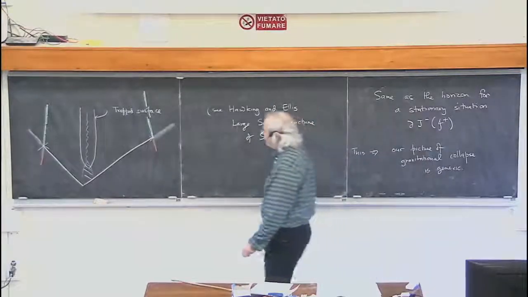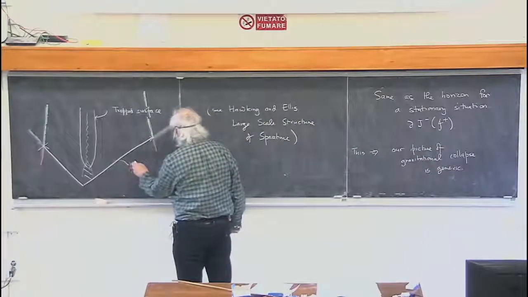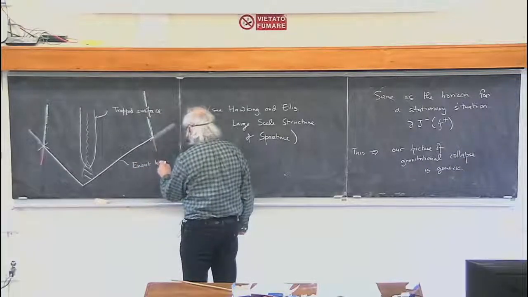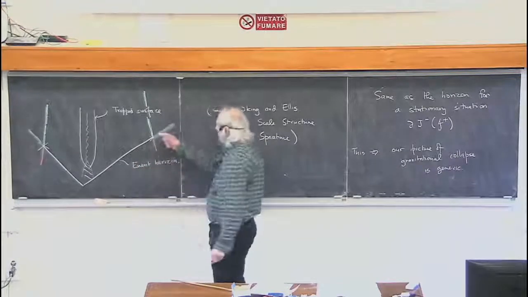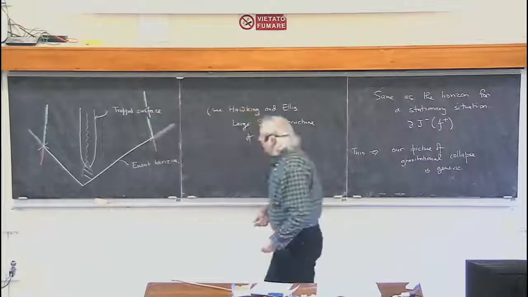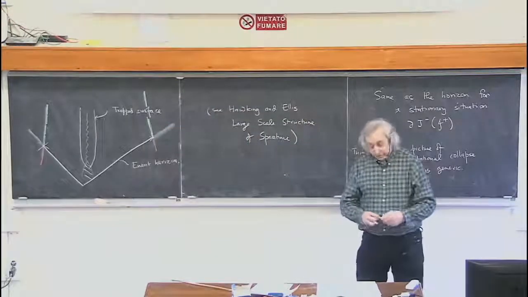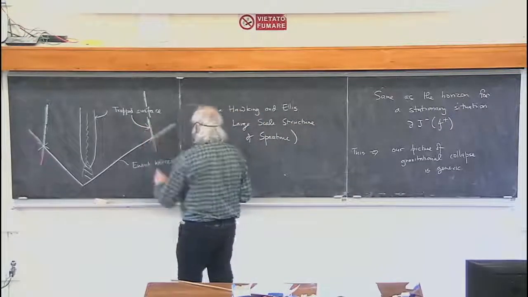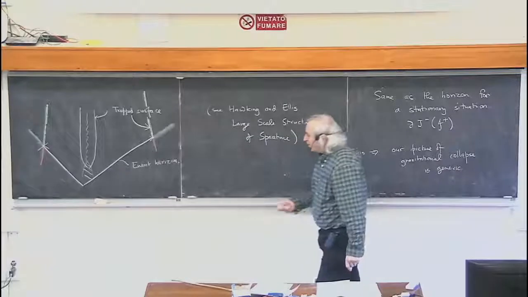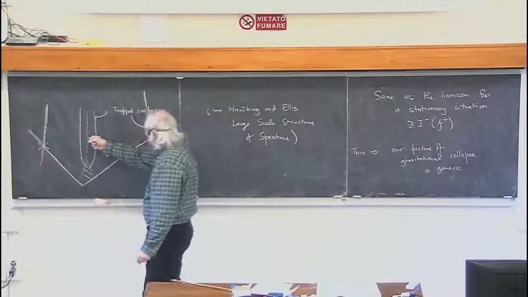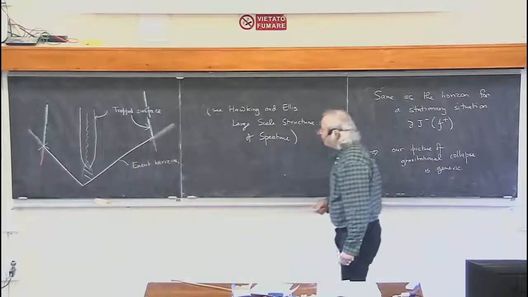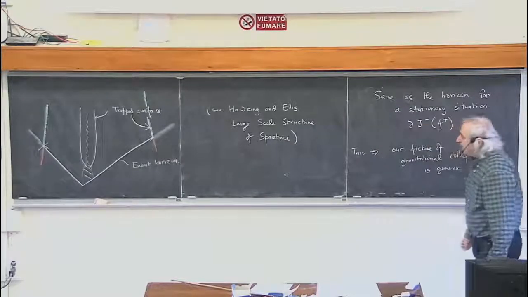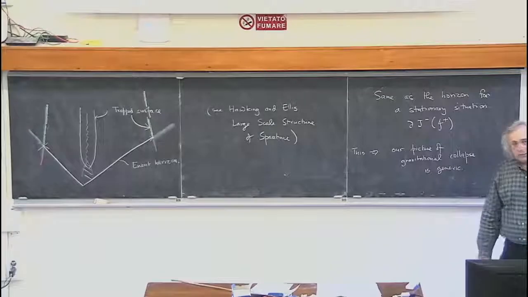So this corresponds to the event horizon. This green surface is a trapped surface because you can't escape from it. But if you're anywhere in the middle or inside the black hole here, then of course you can't escape to infinity. And that illustrates the difference between an event horizon and a trapped surface.